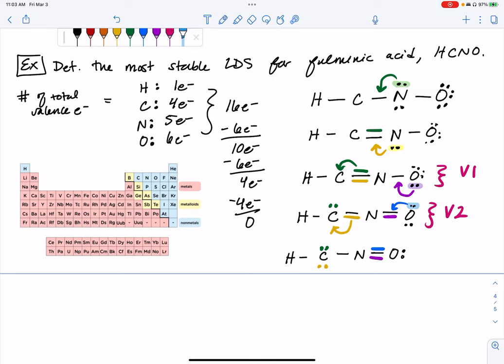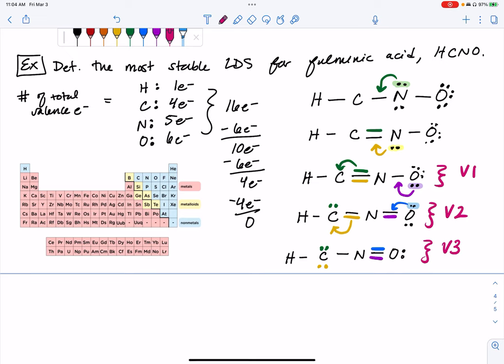And if we count up our valence electrons, so we've got duet on hydrogen, on carbon 2, 4, 6, 8, this is valid. On nitrogen 2, 4, 6, 8, octet is met there. On oxygen 2, 4, 6, 8, we're good to go.